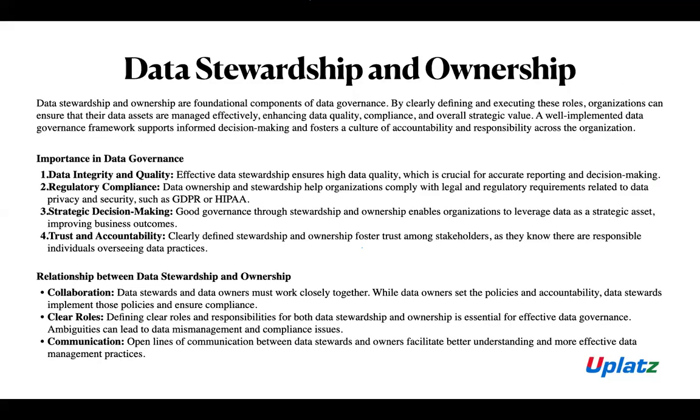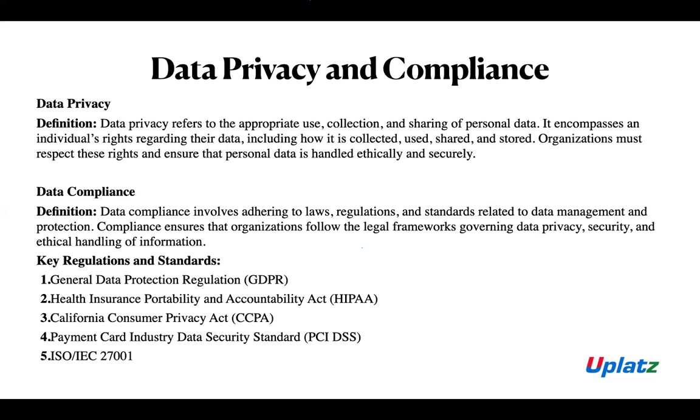After this, we have seen data stewardship and ownership. We have learned about the importance of them, how they are correlated, the definitions and key components of data stewardship and data ownership. Then we have moved to data privacy and compliance. We have understood what is data privacy, what is data compliance.